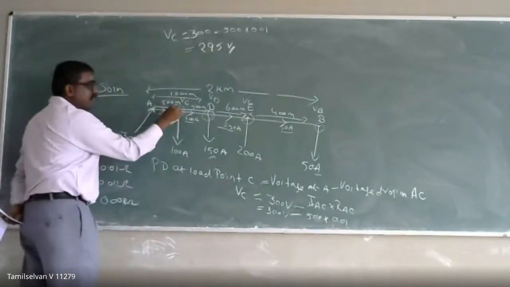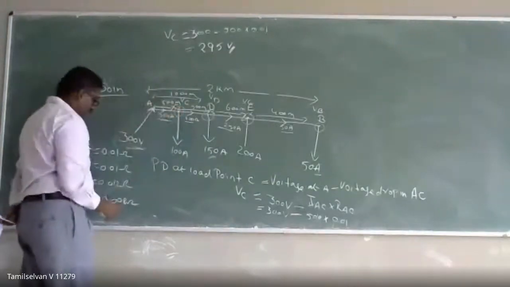It means the potential at this point C is going to appear as 295.